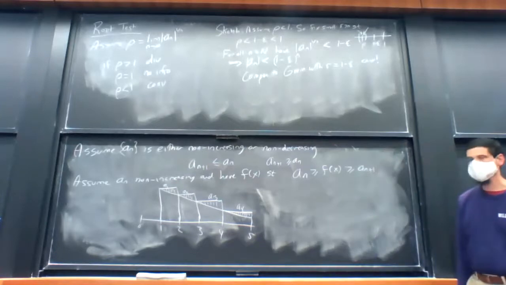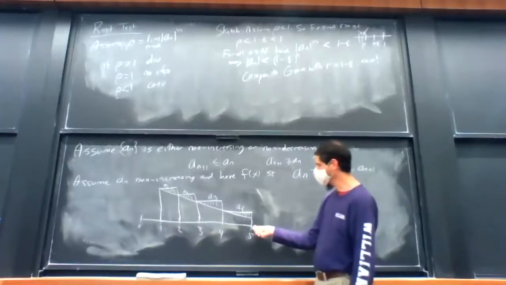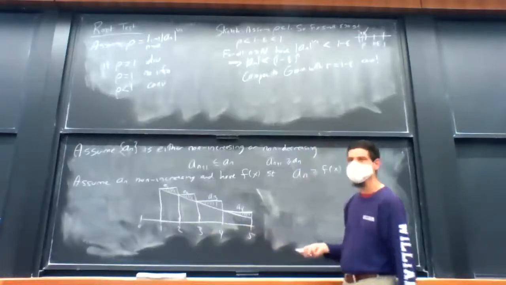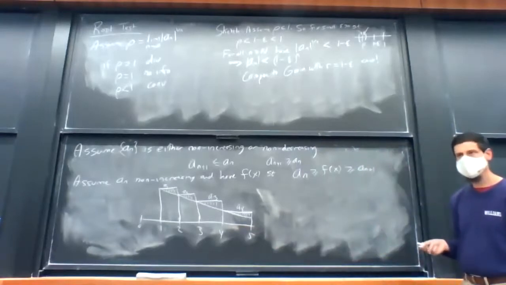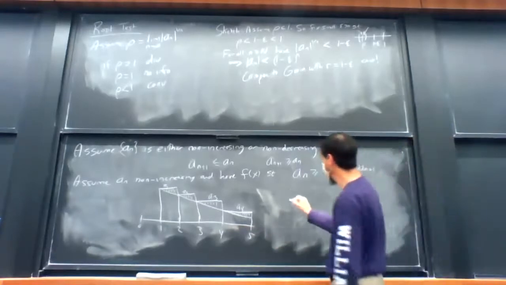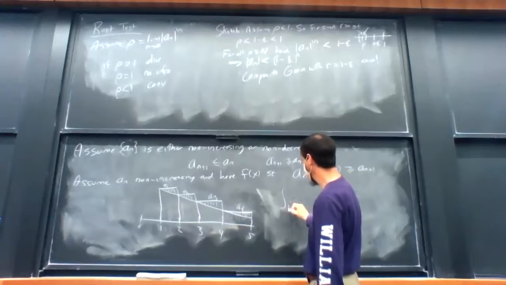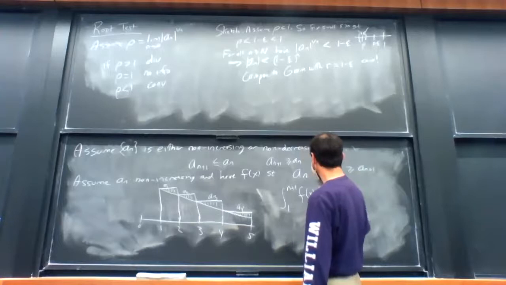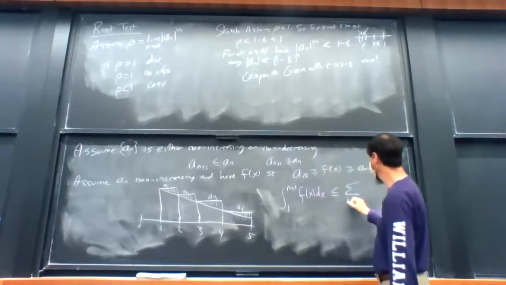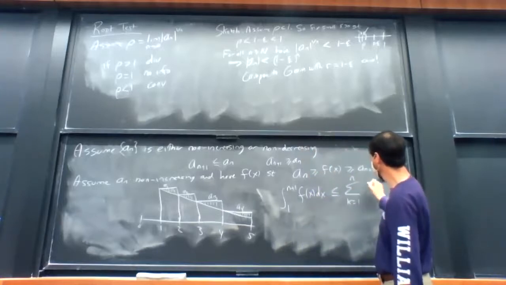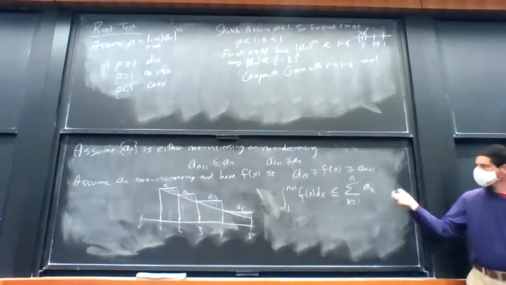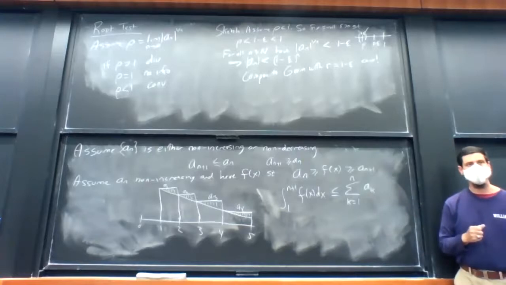What's a little bit annoying is I have to go all the way up to the 5th term. I have to integrate all the way up to 5 when I'm doing 4 terms. So the integral from 1 to n plus 1 of f of x dx would be less than or equal to the sum from 1 to n of a_k. So I can get a lower bound for the sum by doing this integral.